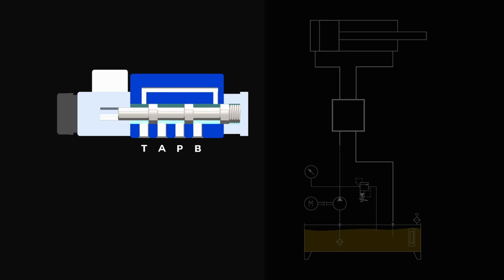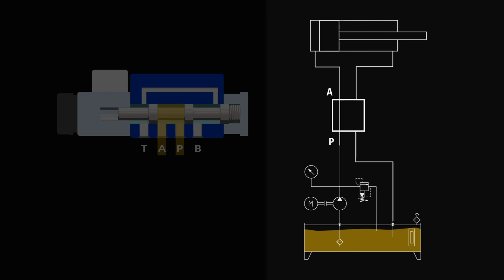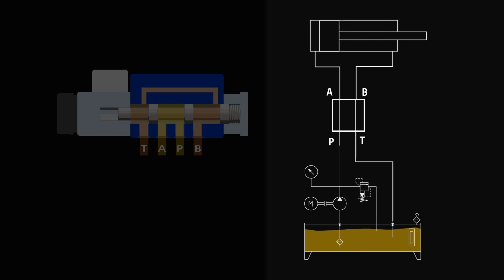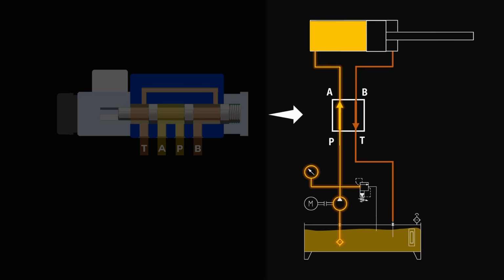For example, in one position of the spool, the valve connects P to A and at the same time B to T. So oil flow from the pump goes into the cylinder rear port and oil from the cylinder front port goes back into the tank. So the cylinder extends.